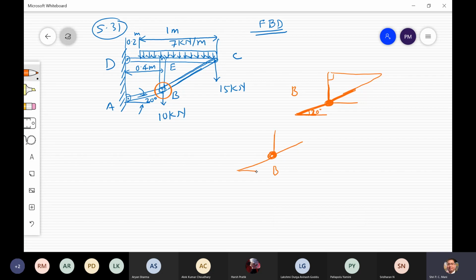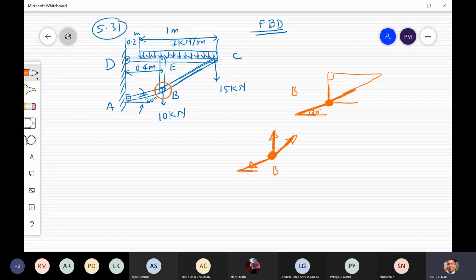This slope is less and this slope is more, like this. For example, this angle is 20 degree. So if this type of question is there, you have to use the reaction forces along the member. So for example, if you are going to join this one, you have to use this triangle.